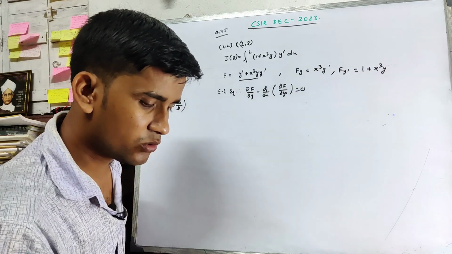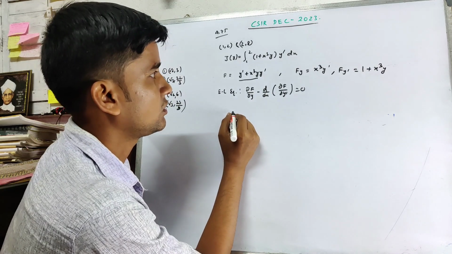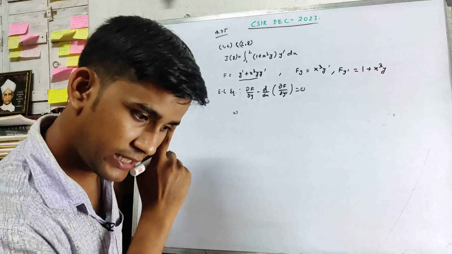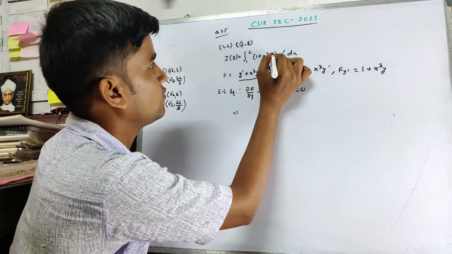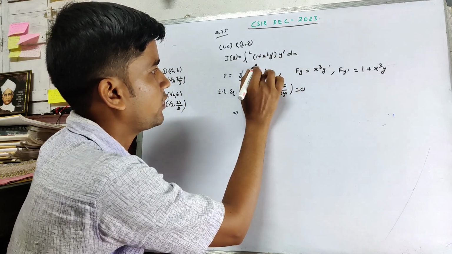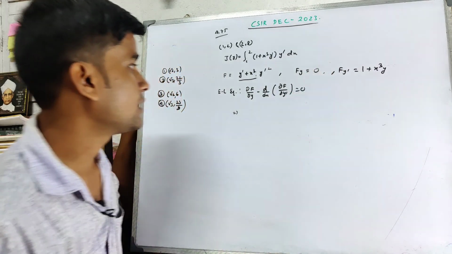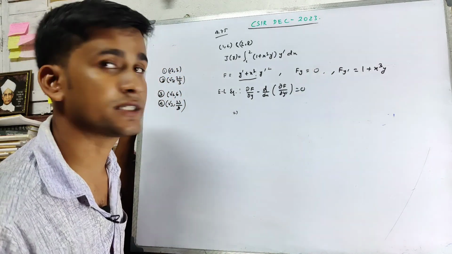Okay, so we get these things. Sorry, this is y dash squared. So f_y is equal to 0, because this term does not contain any function of y.